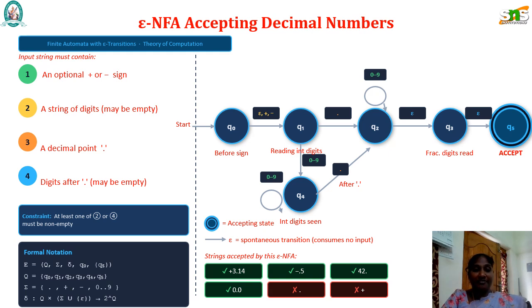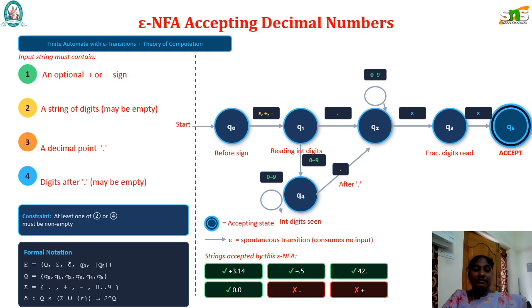Next, a string of digits, which may be empty. This represents the whole part, followed by a decimal point. So it separates the fractional part and the whole number part, which represents that the input string is a decimal number. After the decimal point, it may or may not contain digits. So these are the four parts the input string must contain.